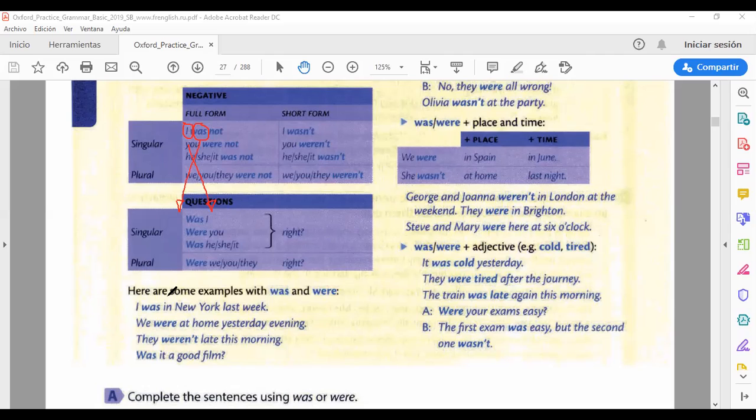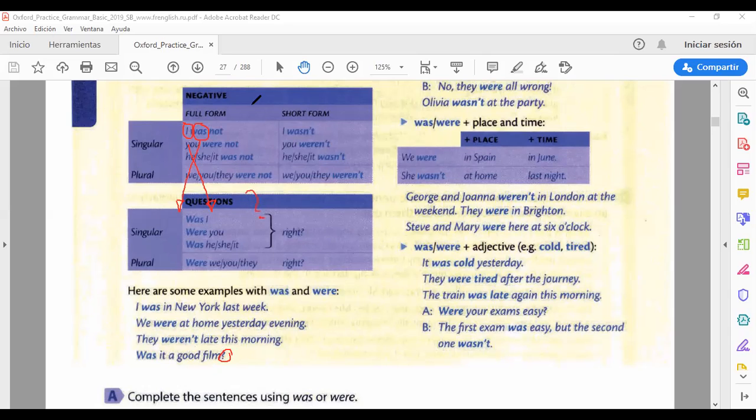Now over here are some examples with was and were. I was in New York last week. We were at home yesterday evening. They weren't late this morning. Question. Was it a good film? Okay, now as you can see, we have the three forms of this tense.